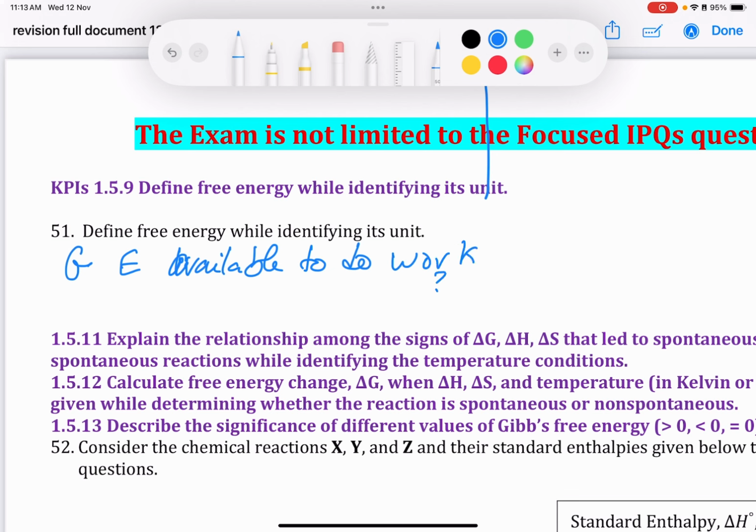What do I mean by work? It means the reaction to occur by itself. Now, usually, the unit of G is the kilojoule. If we are talking about a standard Gibbs free energy, the unit is per mole.